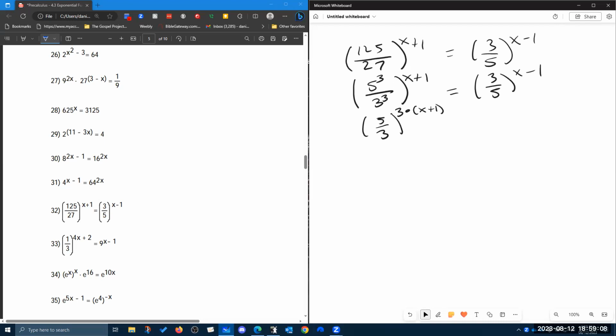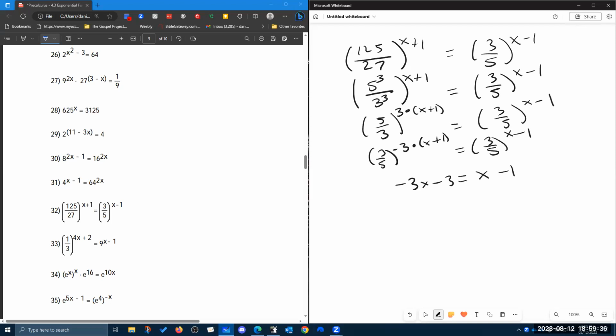When I raise a power to a power, I multiply. But I don't want 5/3, I want 3/5. I'm going to make this a negative 3. And that makes this negative 3x minus 3 equals x minus 1.